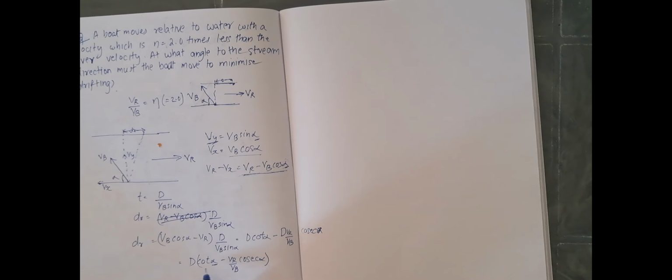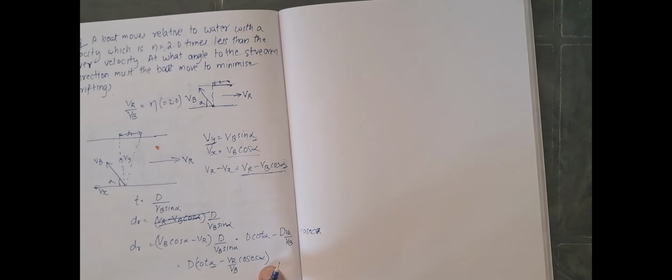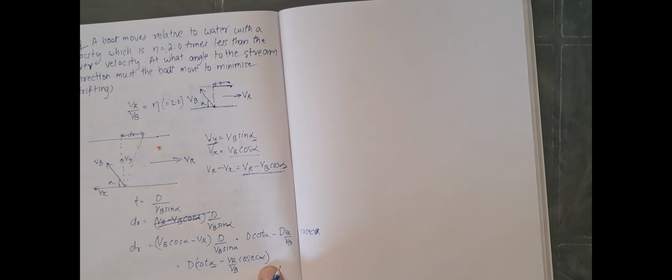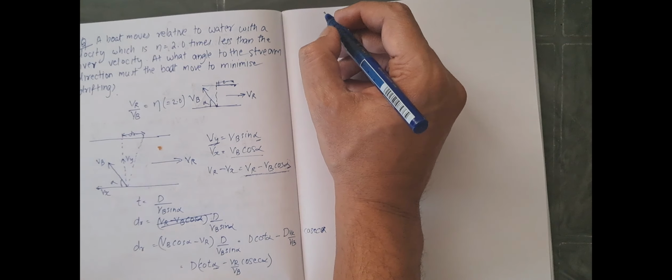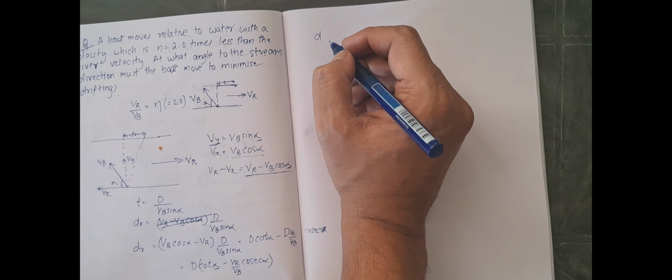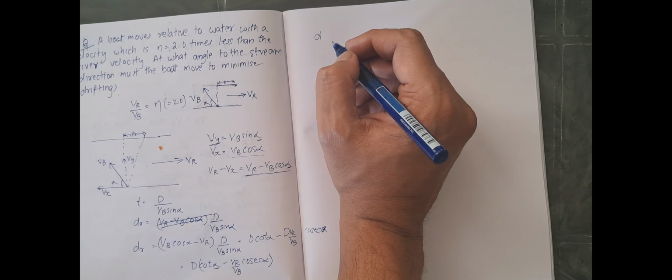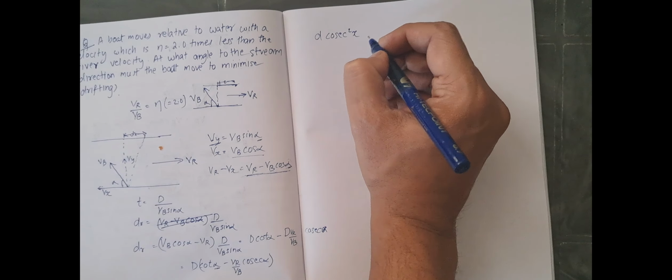And we already know that there is a way to find out at what angle this value will have a minimum value. Differentiate it and put that equal to 0, and you will be able to find out the value of the angle. If you differentiate this, what do we get?